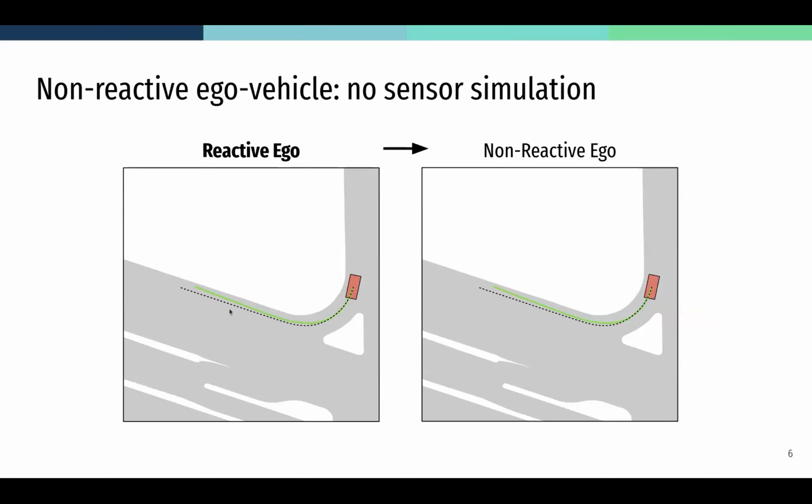The green line is the output of a policy which is driving the red car on this road. You'll see that this green line changes at every frame of this animation. It's always centered at the ego vehicle and it keeps changing.